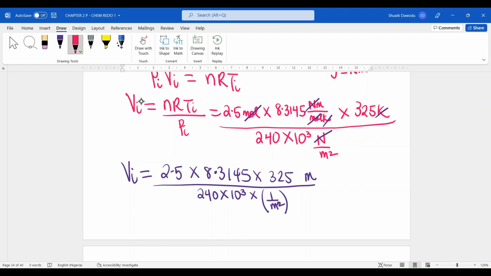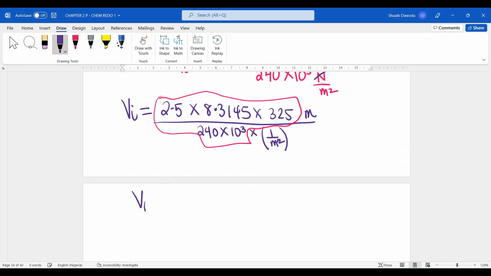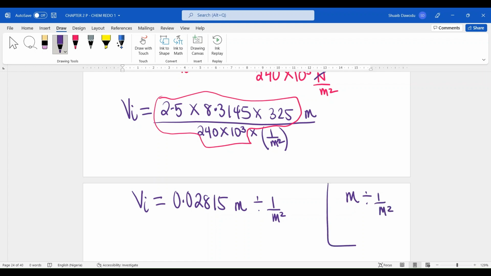So when you have all of this information, I'm going to input it in a calculator. I end up with 0.02815, and then you've got meter divided by 1 over meter squared, which is just meter times meter squared over 1, just meter cubed, which is a perfect unit because we're dealing with volume.